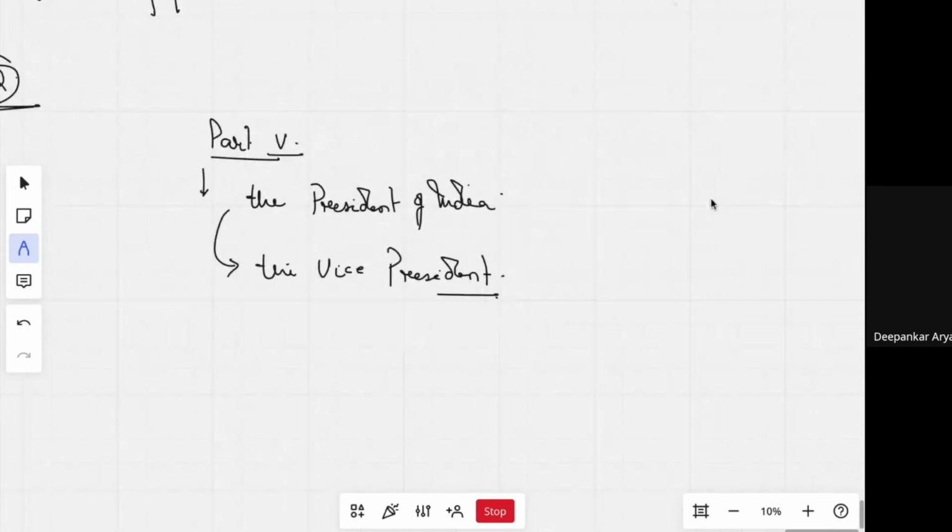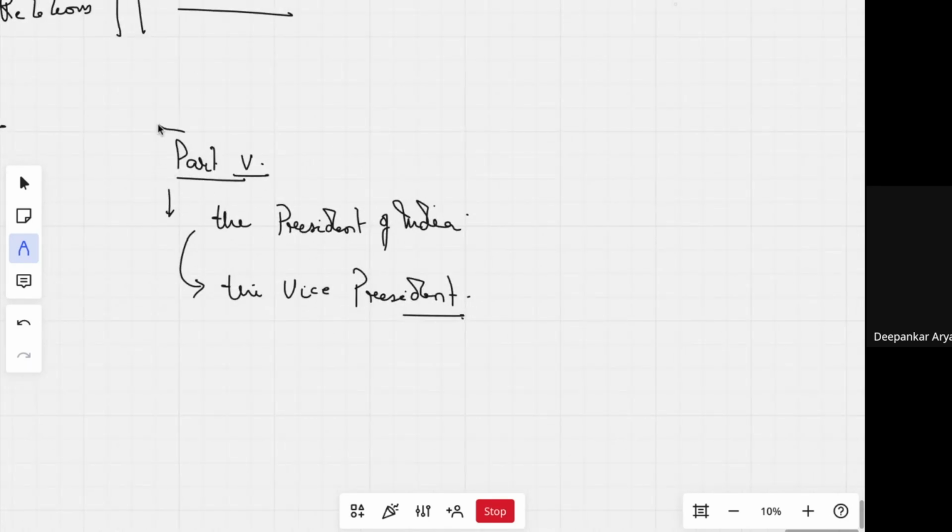One thing that you will see when we start studying part fifth of the Constitution, Article 52 simply says that there shall be the President of India.